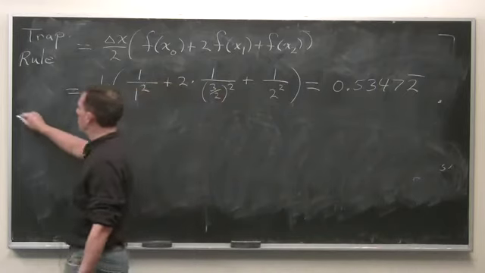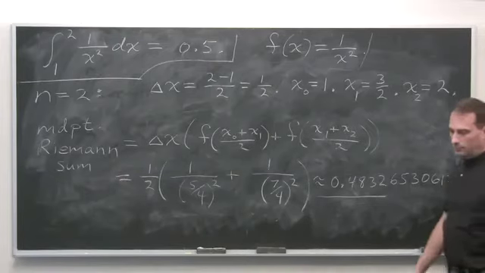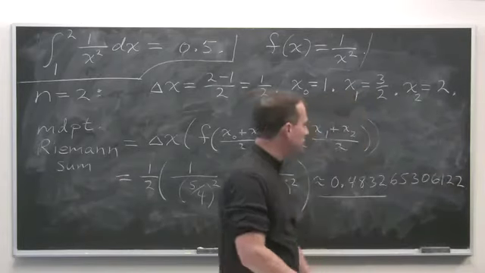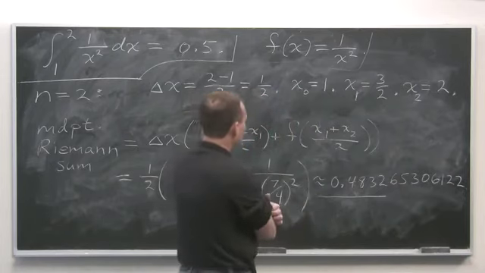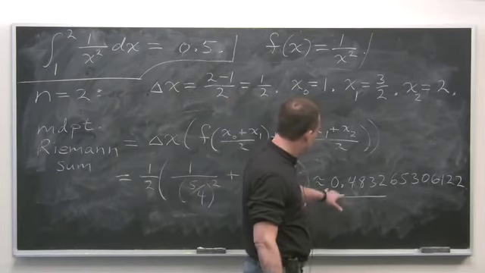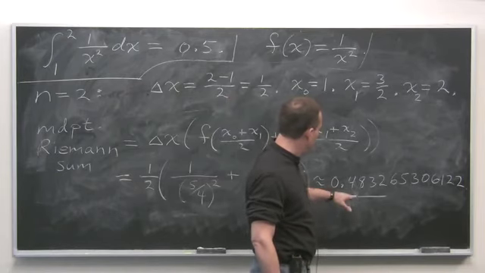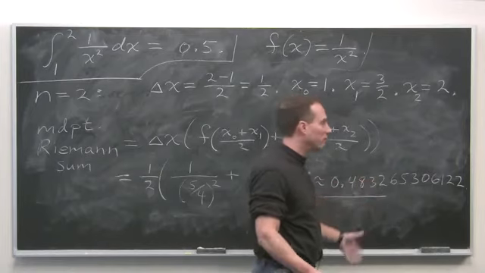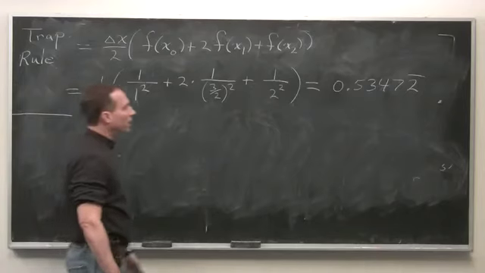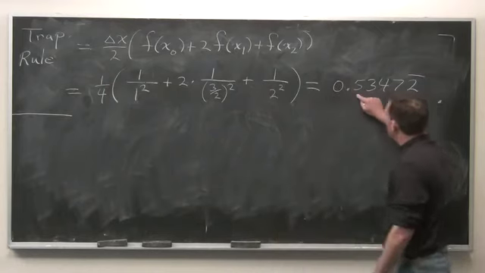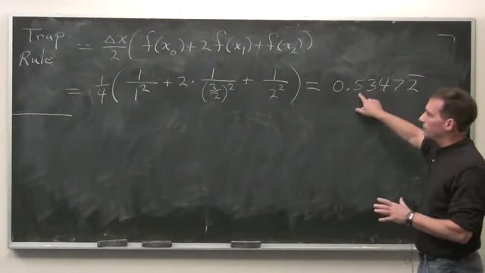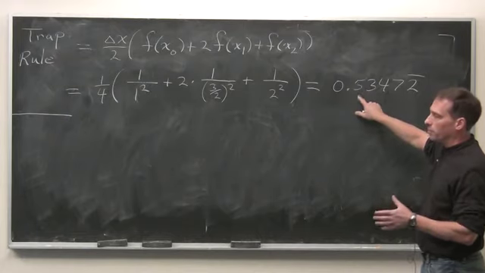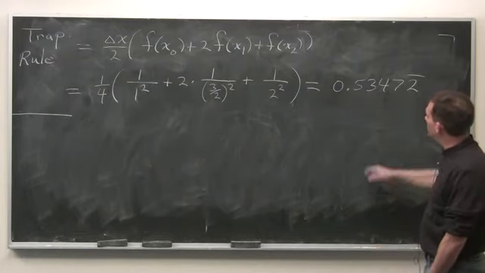Okay, so which one was better, the trapezoidal rule or the midpoint Riemann sum? Right, this is off from 0.5 by 0.017 roughly. But this is off by about twice that. This is in the other direction, the trapezoidal rule is giving something bigger than 0.5, midpoint Riemann sum is giving something smaller.